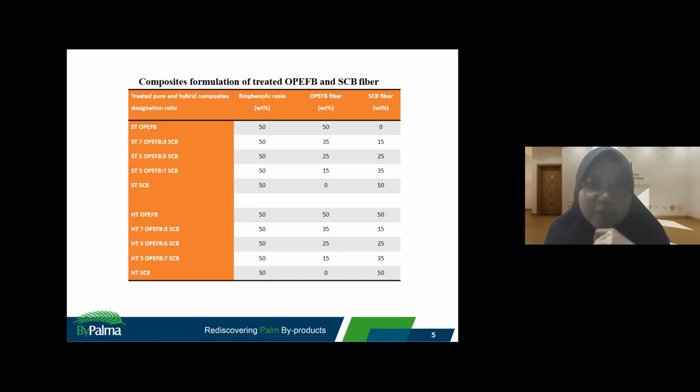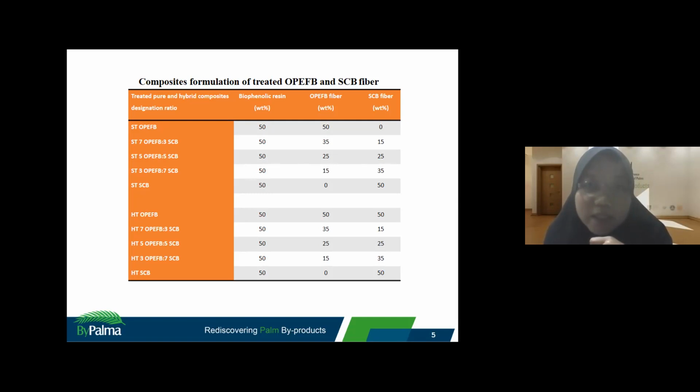This is the composite formulation of treated OPEFB and SCB fiber, where ST stands for silane treatment. I'm using 5 different ratios: first, the pure ST OPEFB without mixing anything, and then another ratio, 7 to 3, 5 to 5, 3 to 7, and the last one, pure SCB.